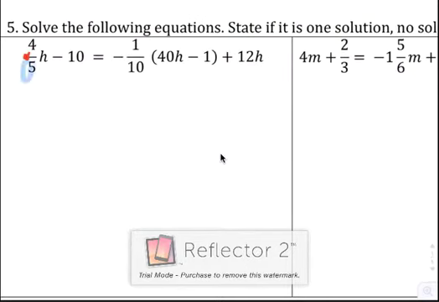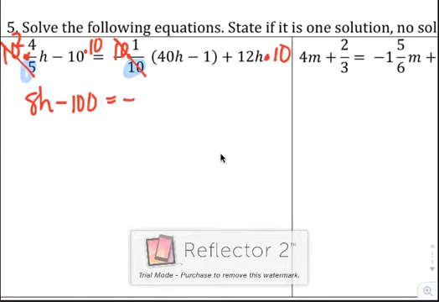We got the denominators 5 and 10, the least common denominator is 10. So cross cancel 2, 8h minus 100, cross cancel, negative 1, parentheses, 40h, you leave everything inside the same, plus 120h.